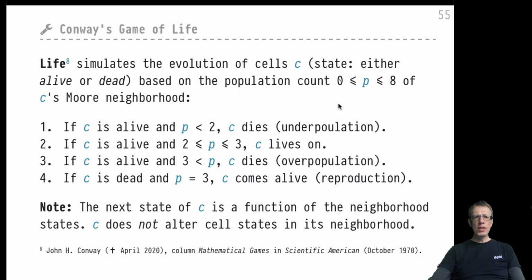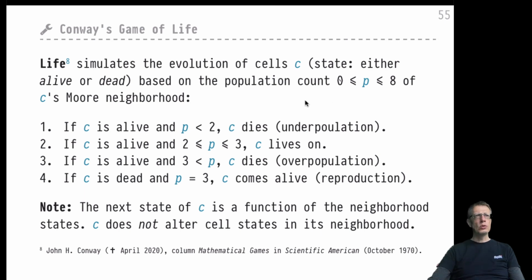Now, how would the next generation of cells be computed in Conway's game of life? We would just count the alive neighbors or the dead neighbors in the Moore neighborhood of C, and then derive the state of C in the next generation just from this neighbor count.